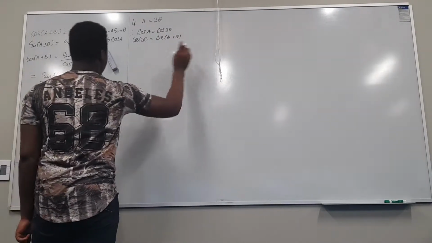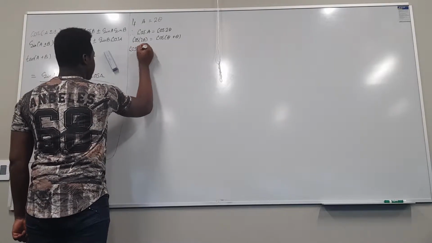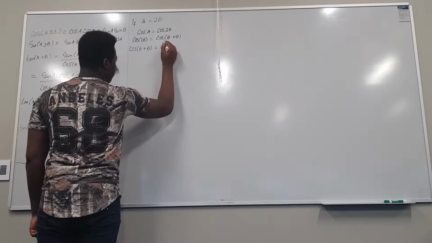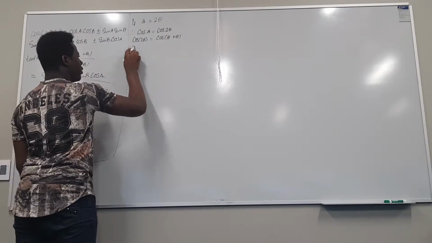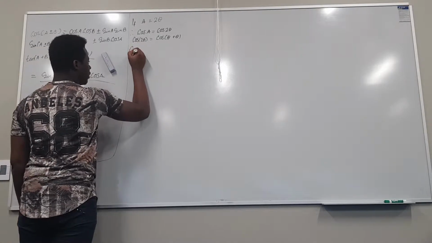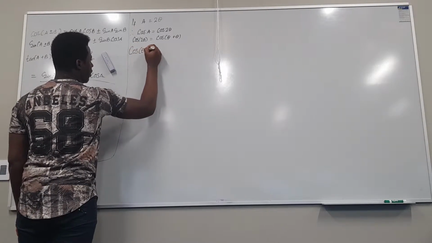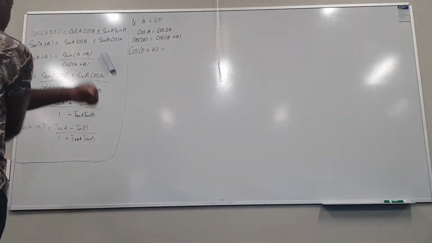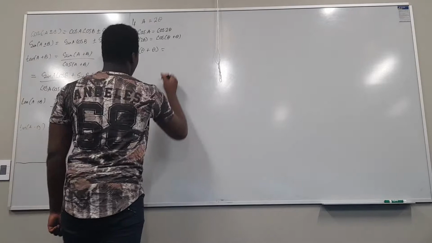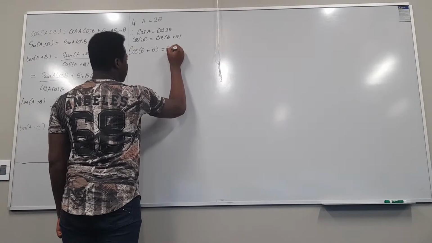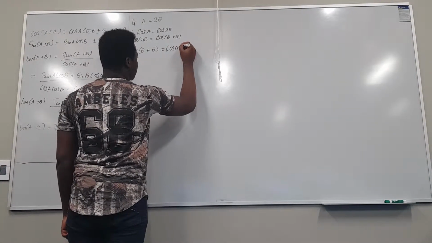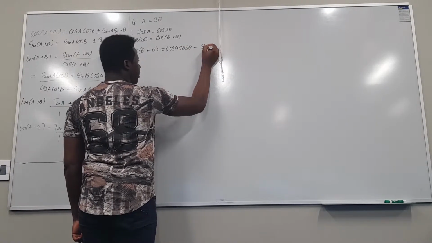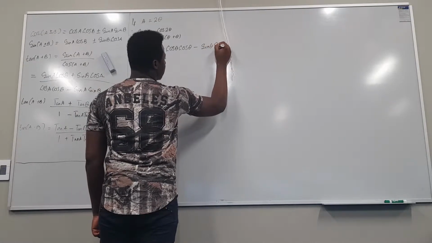And we know this is equal to, I think I should write it bigger, cosine of that plus that is equal to cos theta cos theta minus sin theta sin theta.